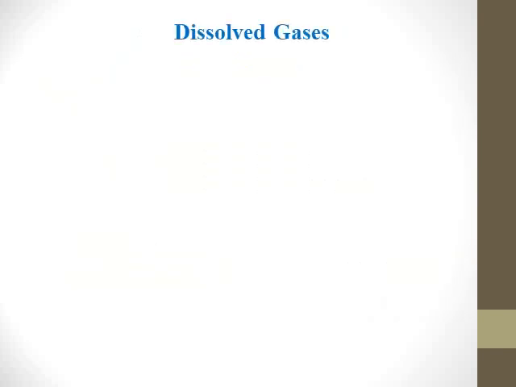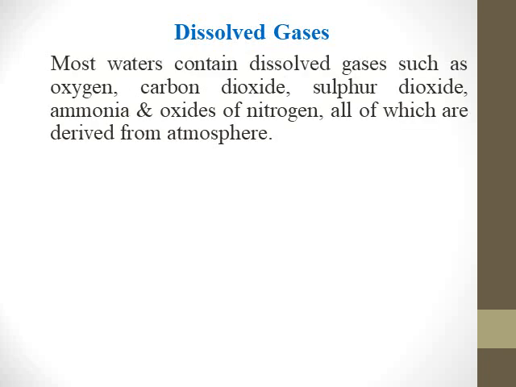The third impurity is dissolved gases. The most important third type of impurity present in the water is dissolved gas. Dissolved gases include oxygen, carbon dioxide, sulfur dioxide, and traces of nitrogen oxides.